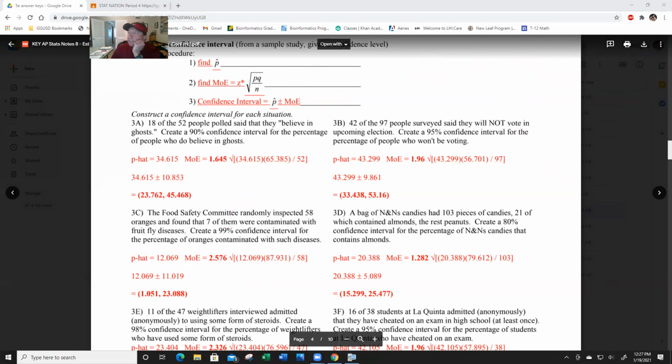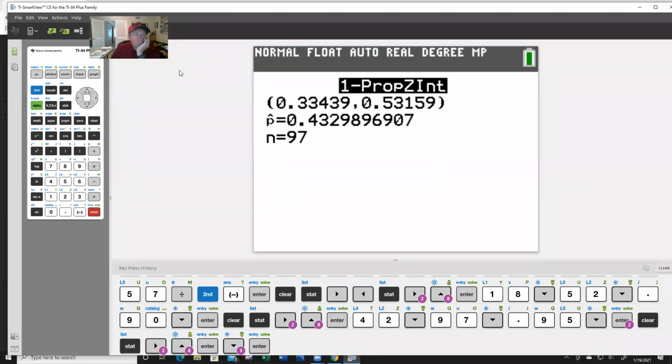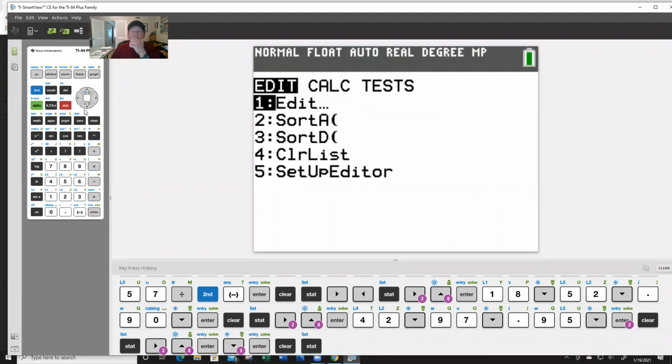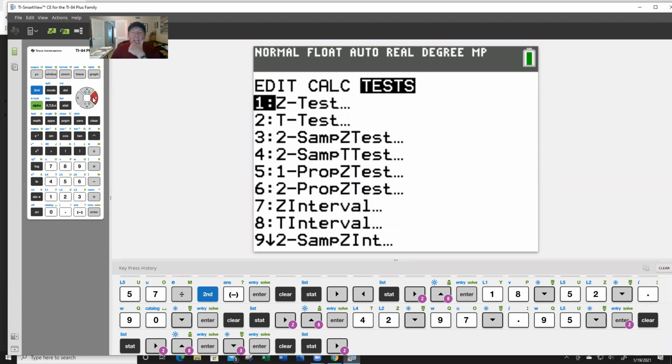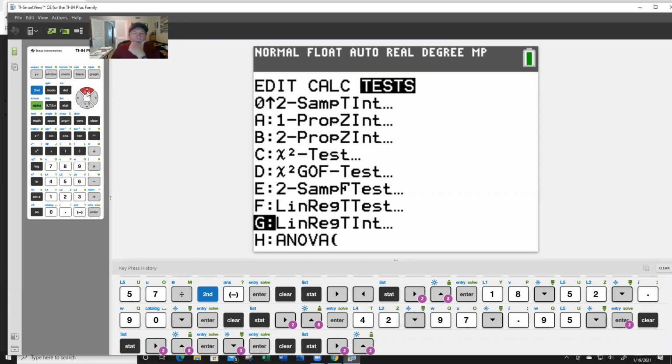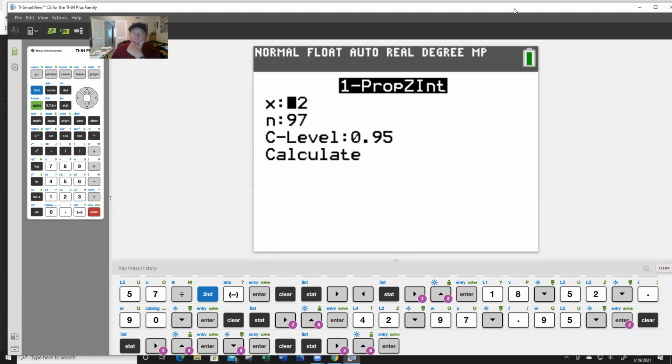Now, let's go to the calculator and see what we got. All right, so we're going to clear this. Stat, arrow over to tests, and go to one prop Z interval. And I got to remember the numbers. I always forget.